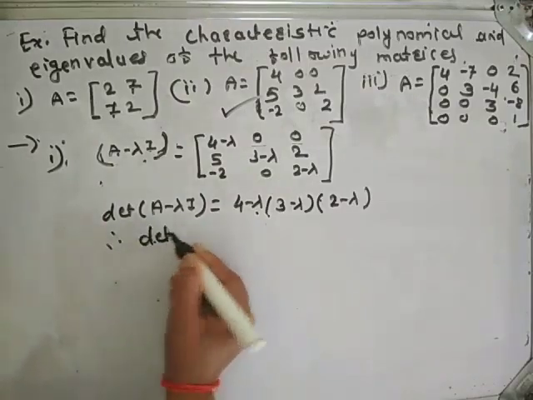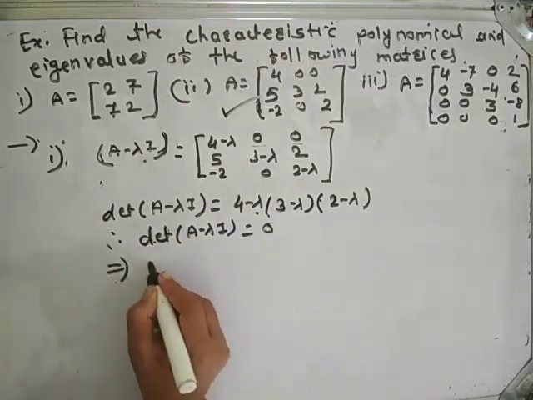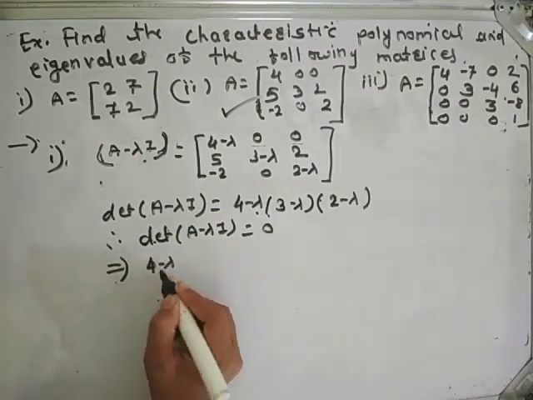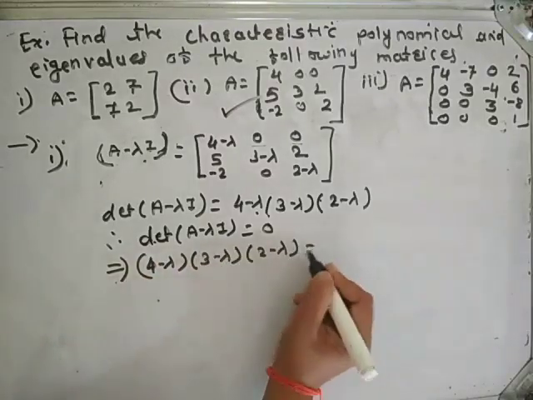Therefore, determinant of A minus lambda I equal to 0 implies 4 minus lambda into 3 minus lambda into 2 minus lambda is equal to 0.